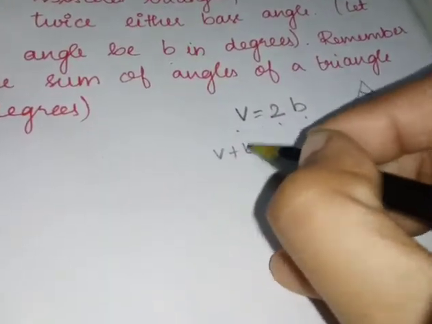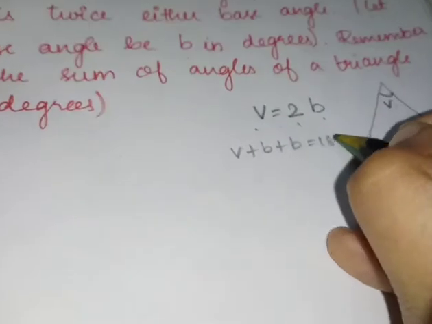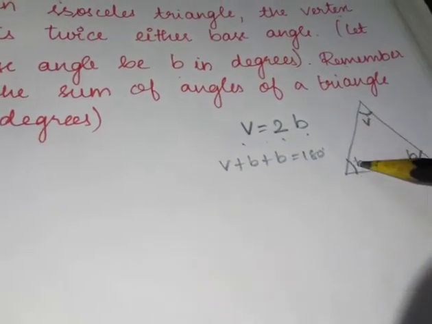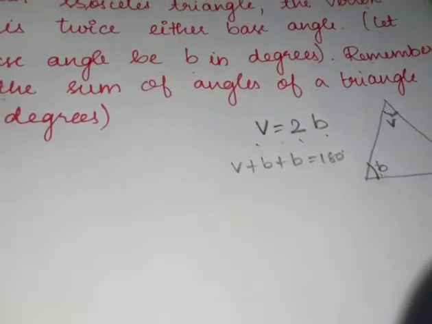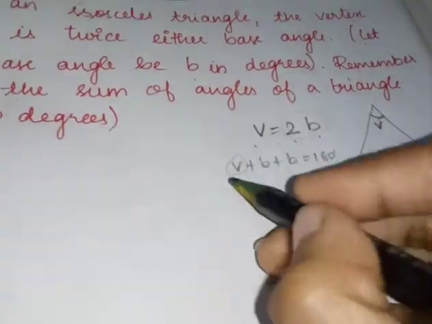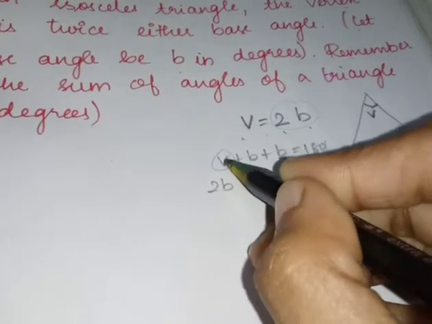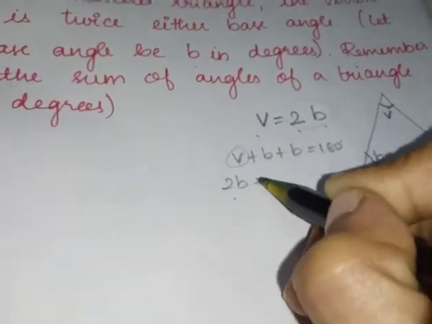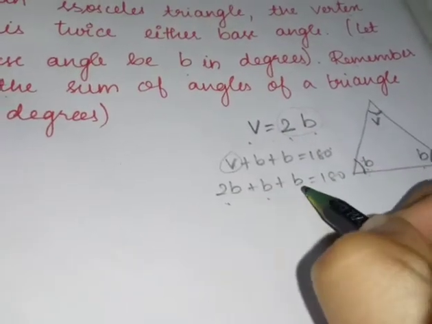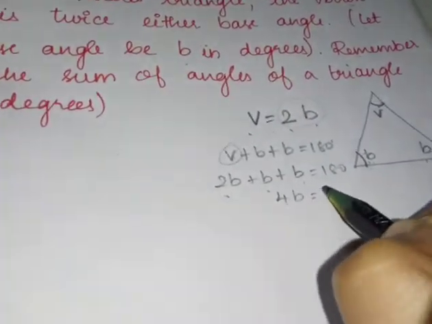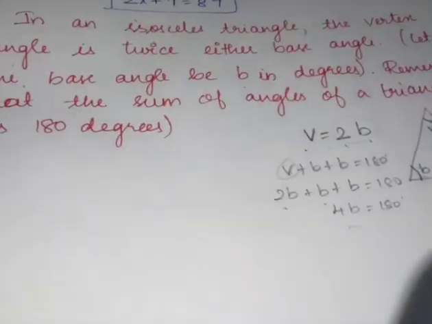V plus B plus B equal to 180. Vertex angle plus one base angle plus another base angle is equal to 180 degrees. What is the vertex angle? 2B. So instead of V I am substituting 2B plus B plus B equal to 180. 2B plus B plus B is 4B equal to 180. So this is your equation.